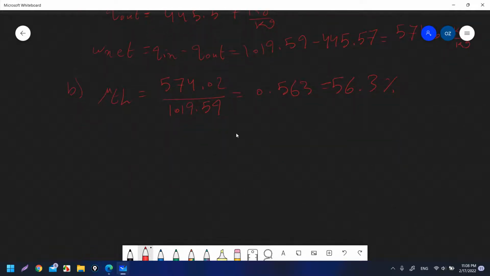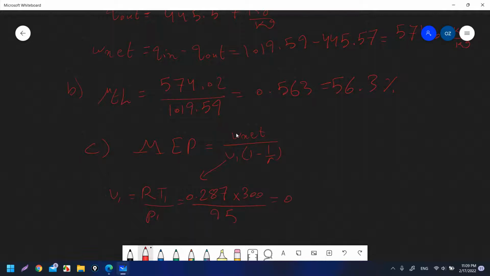For part C, the mean effective pressure is equal to W net over V1 times 1 minus 1 over R. For V1, it is equal to R T1 over P1. P1 is given in the question also. R is 0.287 from table A1 or A2A, times 300 Kelvin over 95 kilopascal.